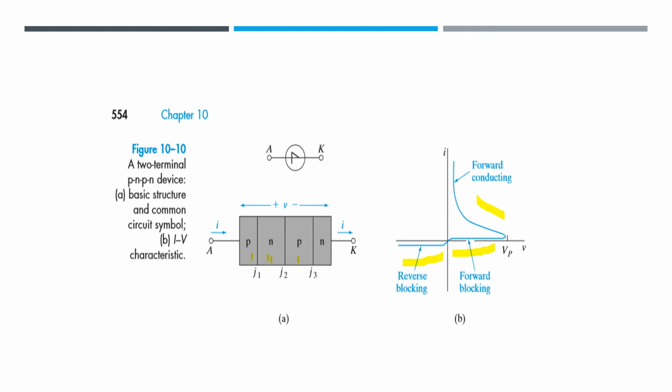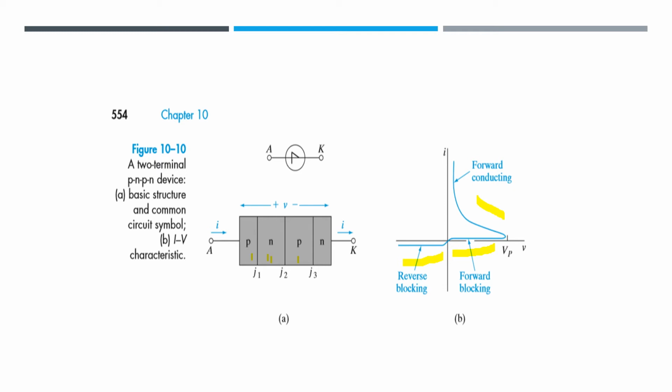Since the supply of electrons or holes to J2 is restricted by the reverse biased junction on each side, the device current is limited to a small saturation current arising from thermal generation of electron-hole pairs near junctions J1 and J3. The current remains small in the reverse blocking condition until avalanche breakdown occurs at low reverse current.